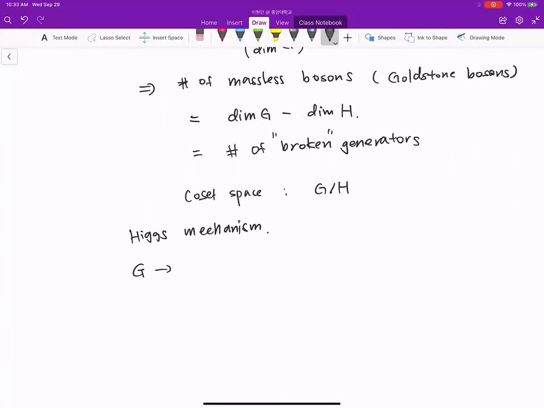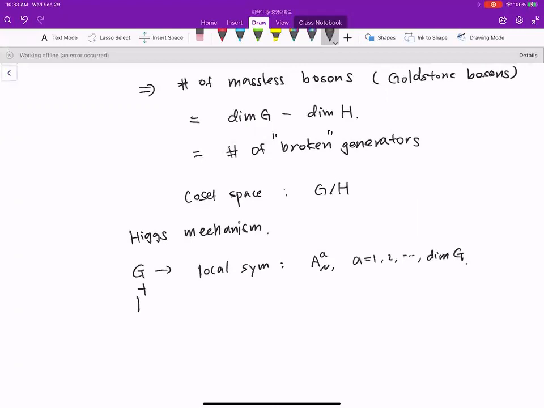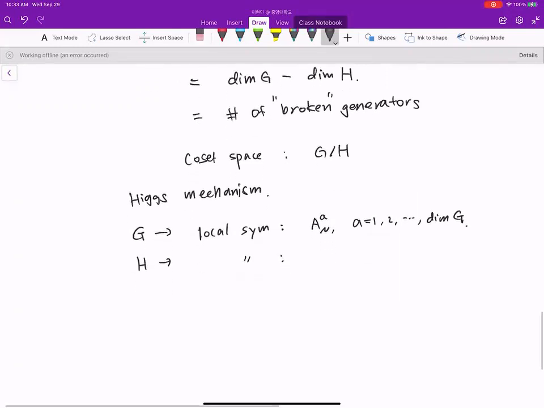So if you promote G to a local symmetry, then you need to introduce the gauge field, because the H is also promoted to a local symmetry.